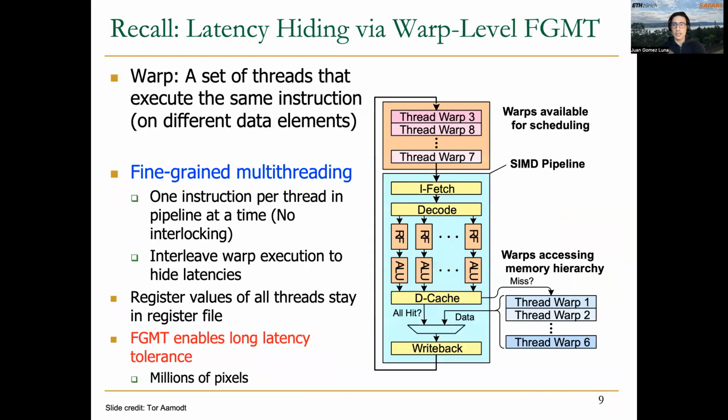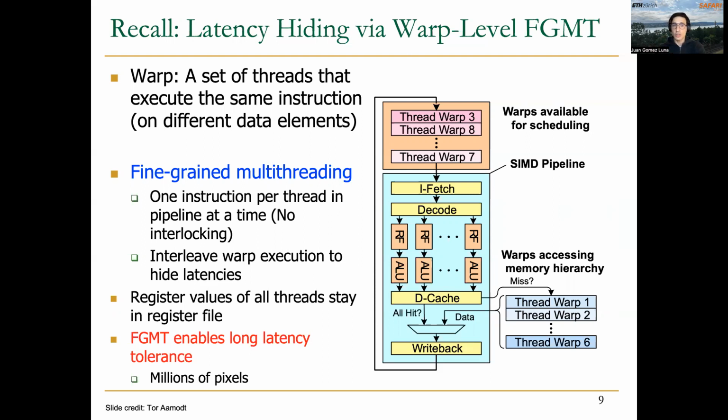Remember as well that the GPUs internally execute instructions for warps that are basically SIMD units, and on the pipeline of a GPU core, we have fine-grained multi-threaded execution, which means that in every single cycle, we are fetching one instruction from a different warp.